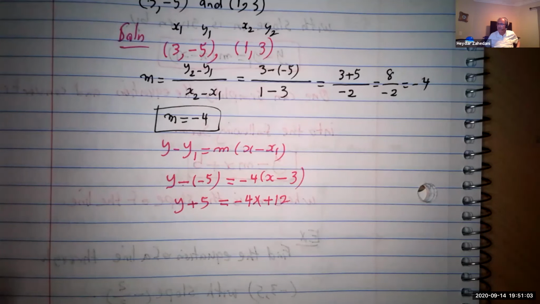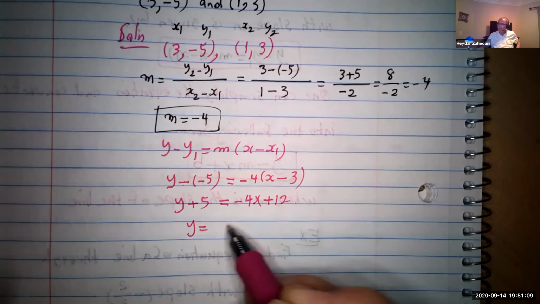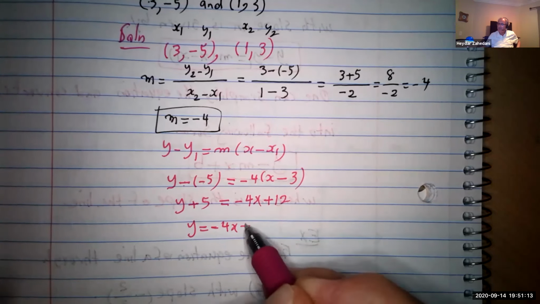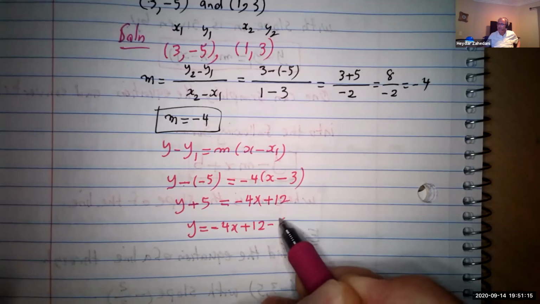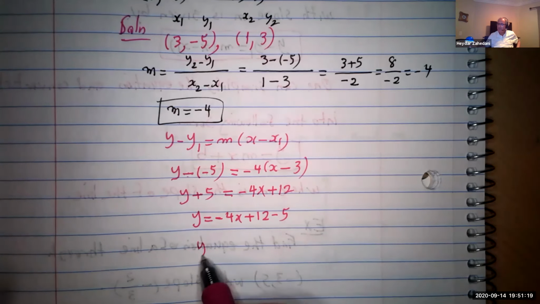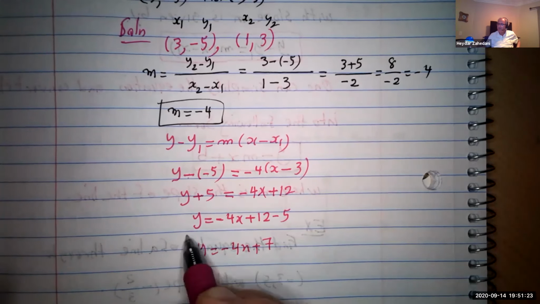So you have to subtract the 5 because you have to solve it for y. So y is equal to negative 4x plus 12 minus 5. Okay, so y would be negative 4x plus 7, and we are done.